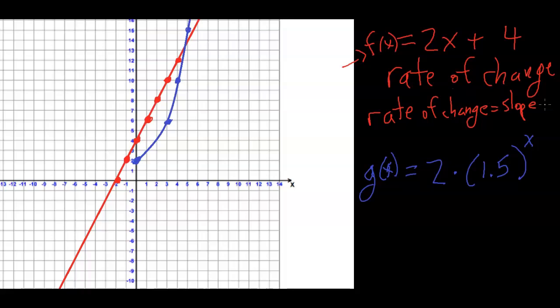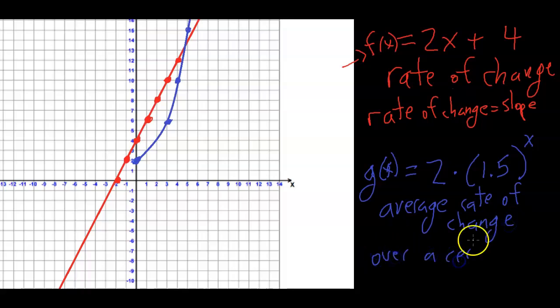So we can't really speak of an exponential function having a rate of change, but we can speak of its average rate of change over a certain interval.